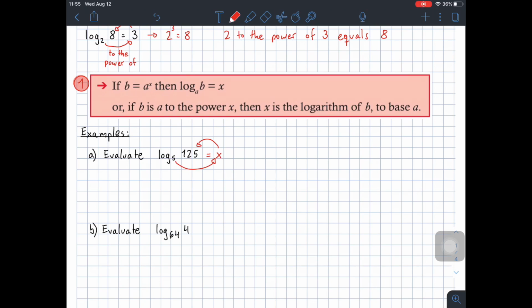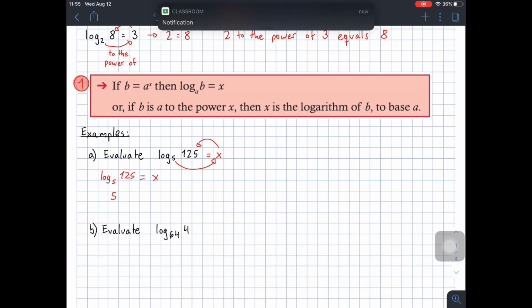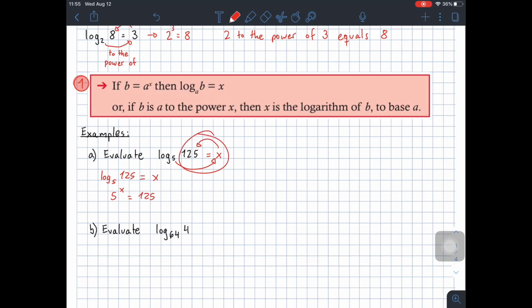I'm going to do a step-by-step process. First of all, I write log base 5 of 125 is equal to x. By following the rule, you should know that 5 to the power of x must be equal to 125, following this rule over here.